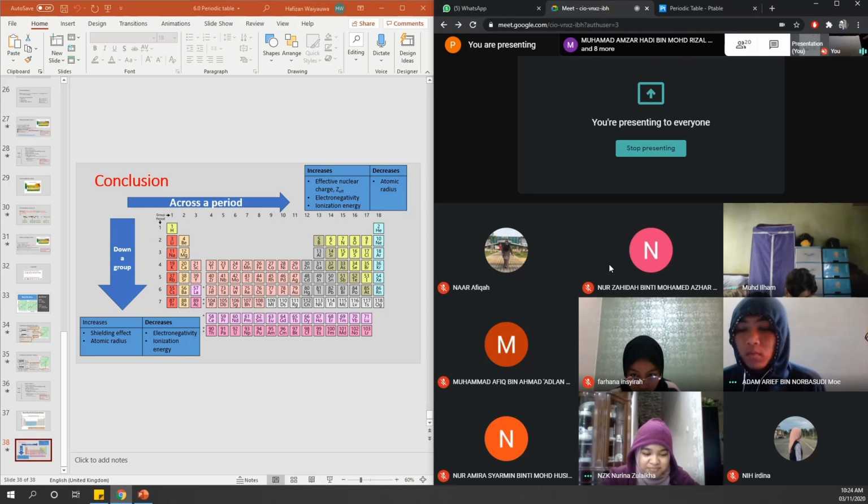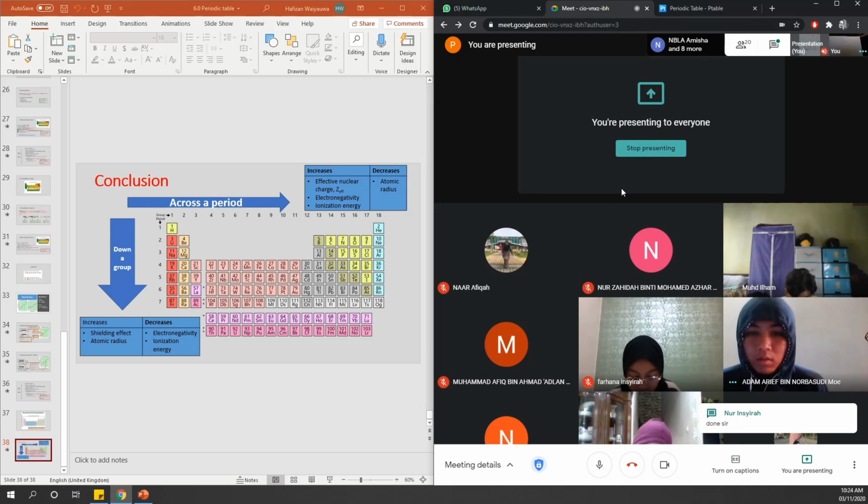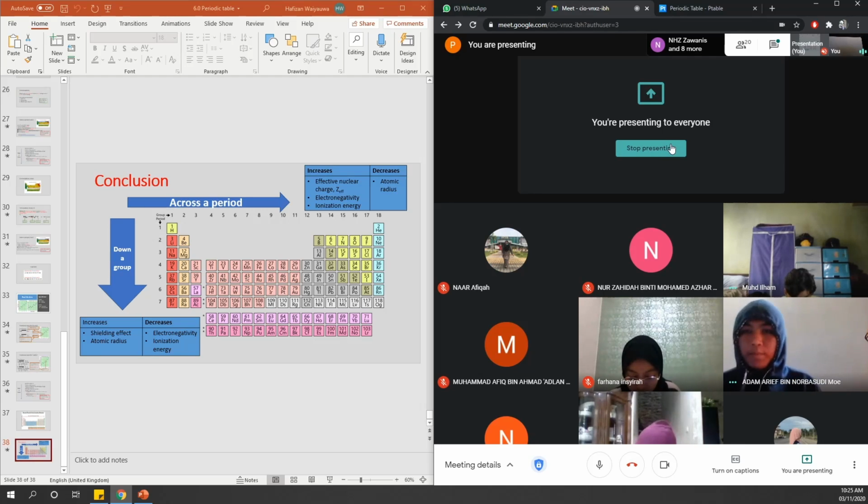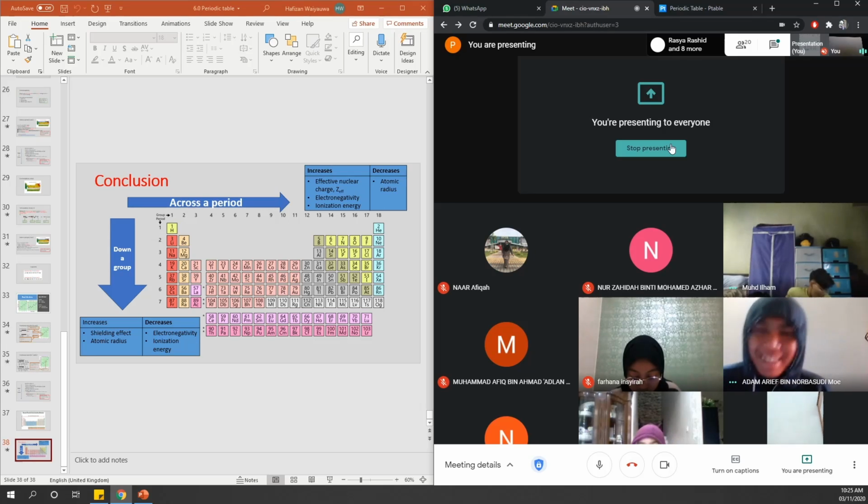Dah habis dah saya Adam. Okay, bagus. Okay. Sila dah habis. How about others? Dah habis salin? Tak perlulah salin periodic table, so use buat tulis across the period. Apa increase, apa decrease. Nanti buat salin pula satu-satu tu. Sampai besok dah habis.